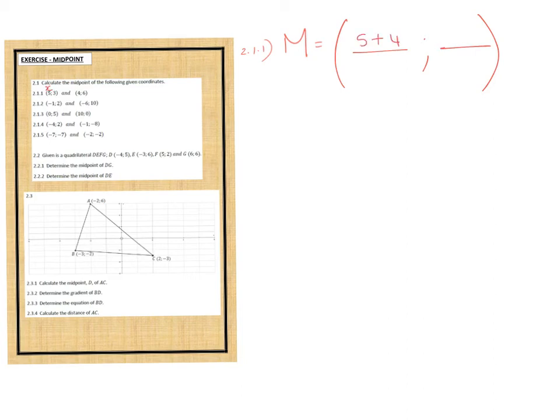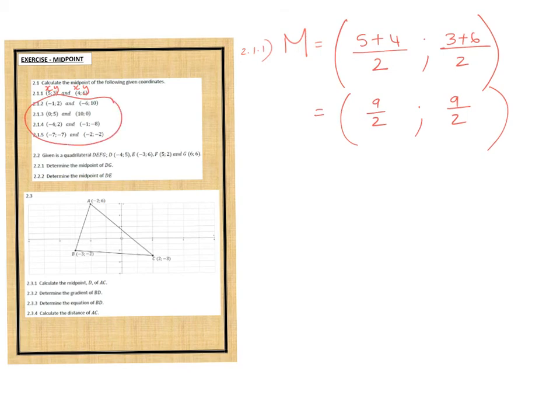And if you need to label your x and your y, you can do that. So your x values added together divided by 2, your y values added together divided by 2. So then this is going to be 9 over 2, which is 4.5, or you can just leave it as 9 over 2. And that's going to also be 9 over 2, just a coincidence. All right, so you can do the rest of that question.